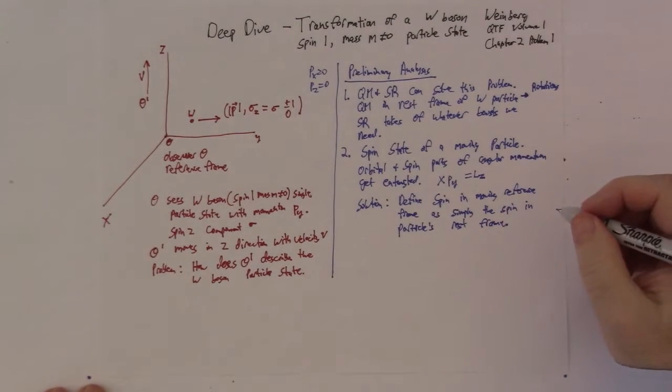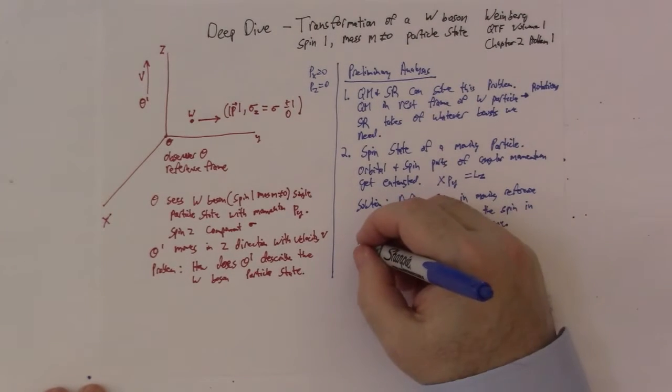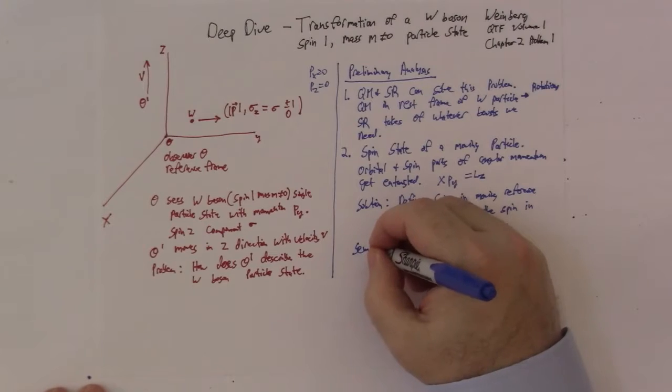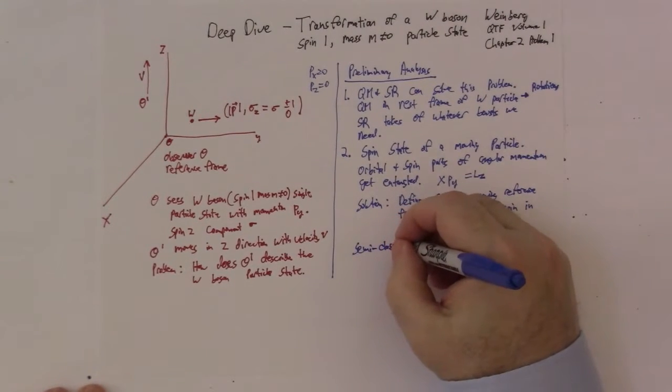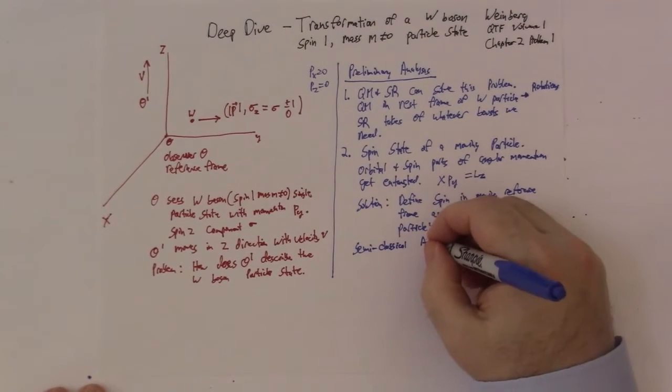In other words, what we're saying is, if we have a particle at rest and it's got spin, this is a semi-classical argument. I can make it more rigorous, but I'll just give a semi-classical argument.